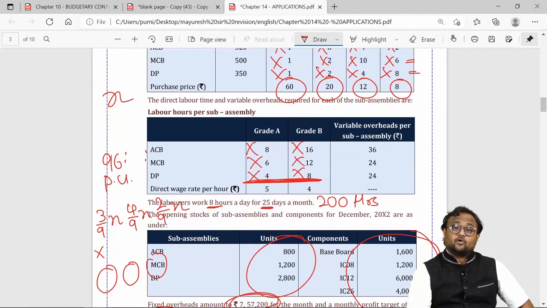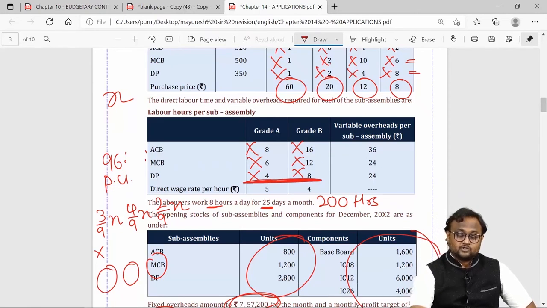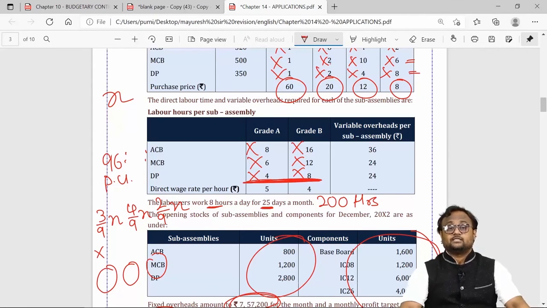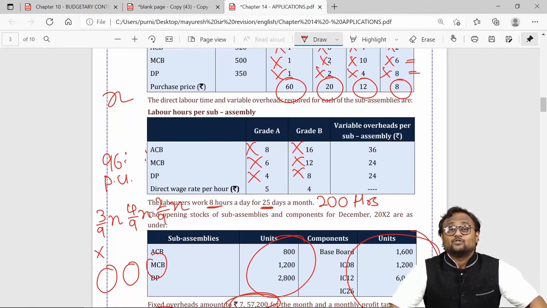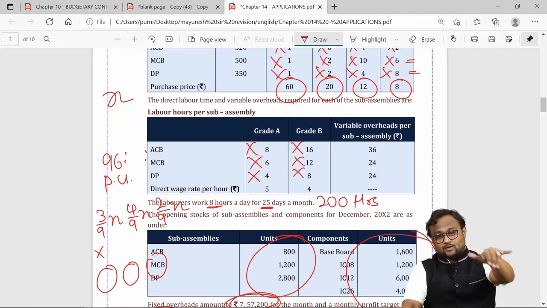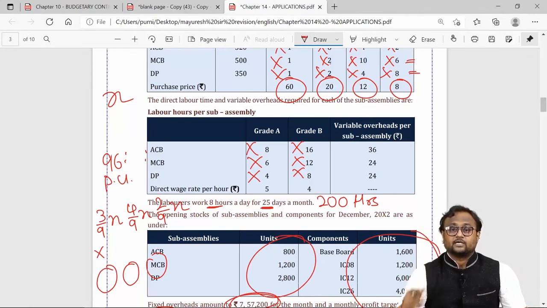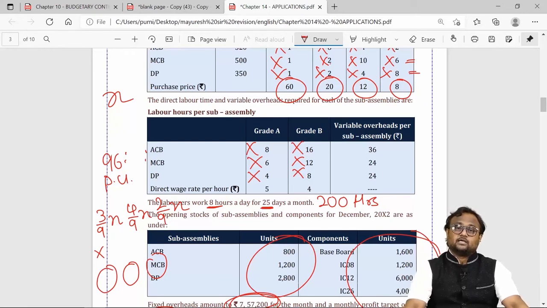That will give you the total number of hours required. We are supposed to recruit employees as well, guys. So those number of hours will be divided by 200 hours, because in a month one worker can work for 200 hours only. So total number of hours you get divided by 200, you will get the number of workers, and please round it off to the higher side. Round off the worker to the higher side, and that will be the number of workers.